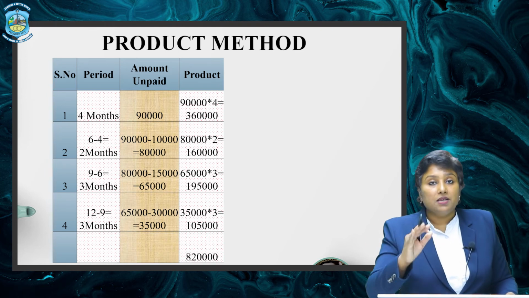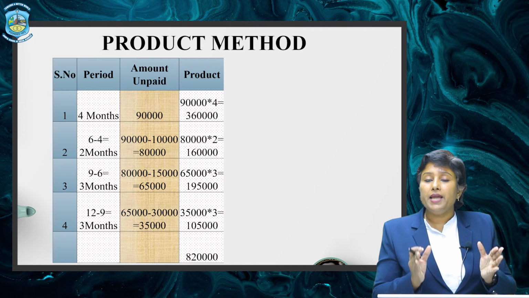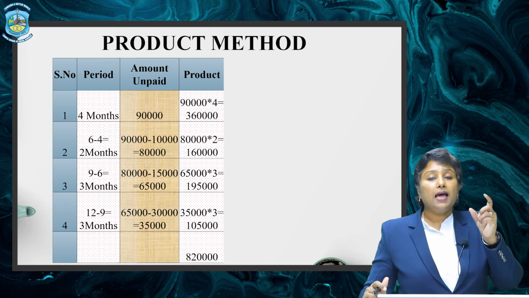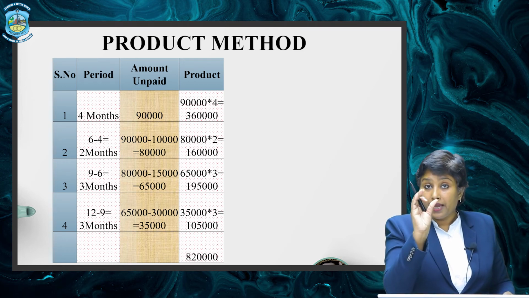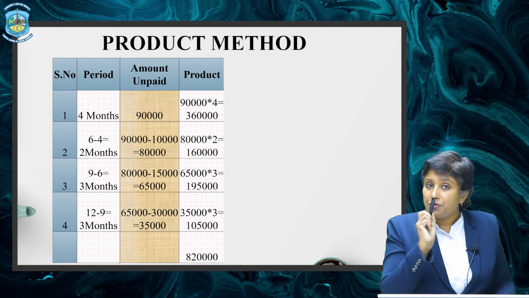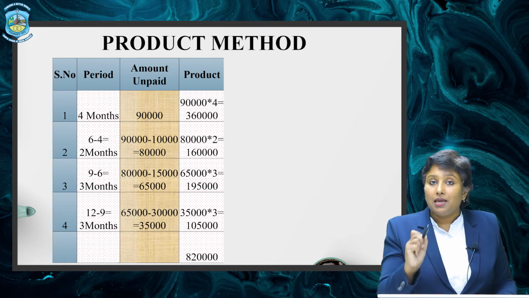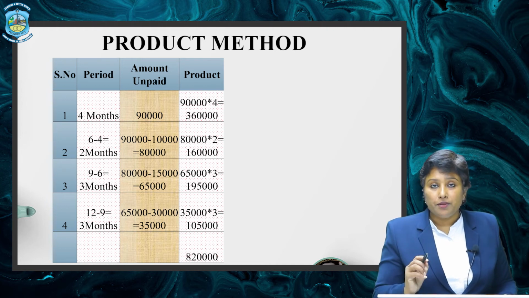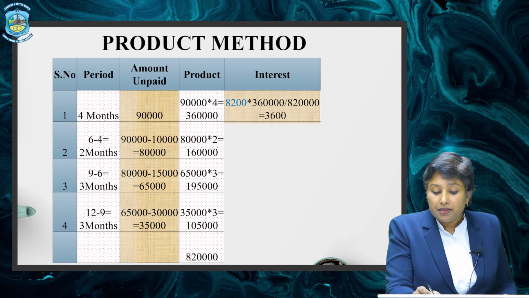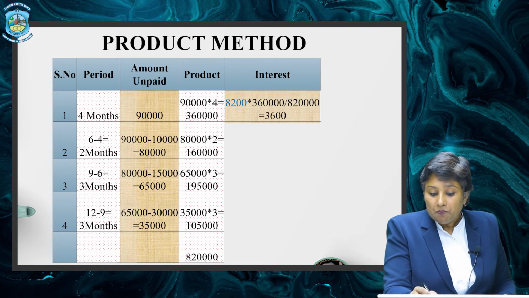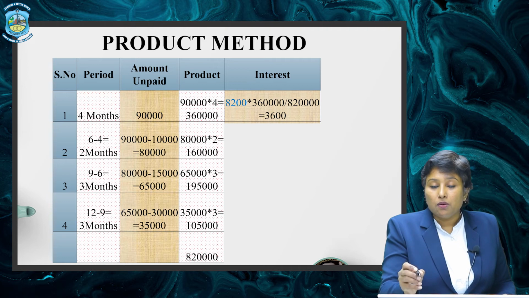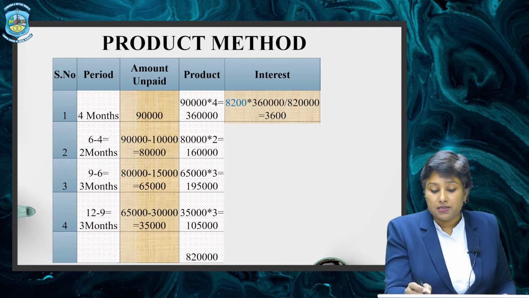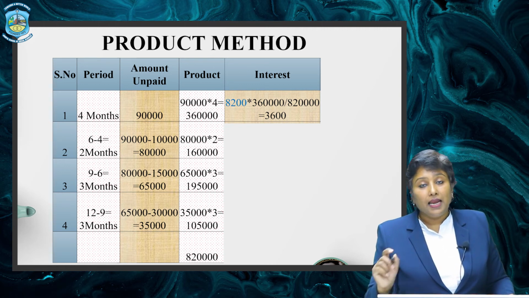Okay. Now comes the valuation of interest. We have already calculated the aggregate amount of interest by deducting the cash price from the hire purchase price and got the result of 8,200, the aggregate amount of interest. Now this interest is to be distributed in the proportion of the products. Okay, so let us find the proportion of the products. So how will you calculate? 8,200, the aggregate value of interest, multiplied by the outstanding amount multiplied by the outstanding months, that is 3,60,000, the product, divided by the aggregate of products, 8,20,000.